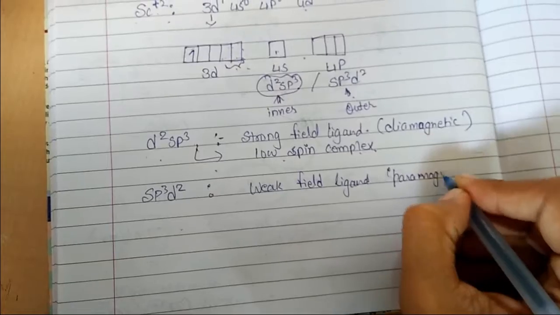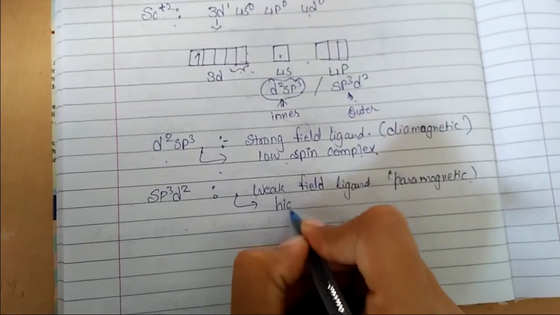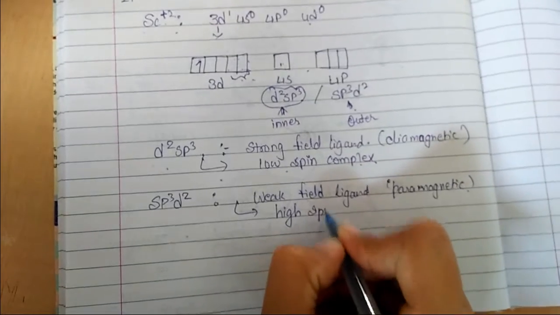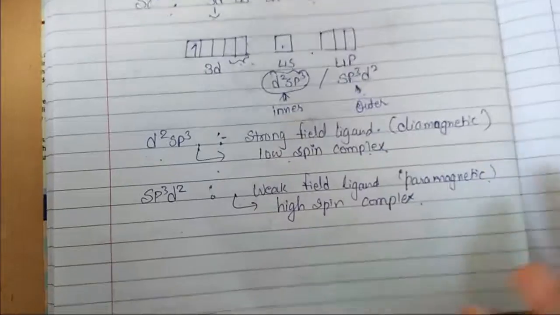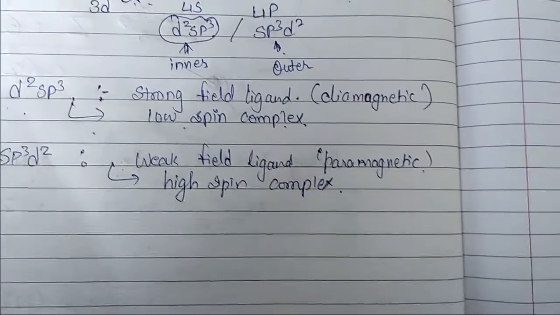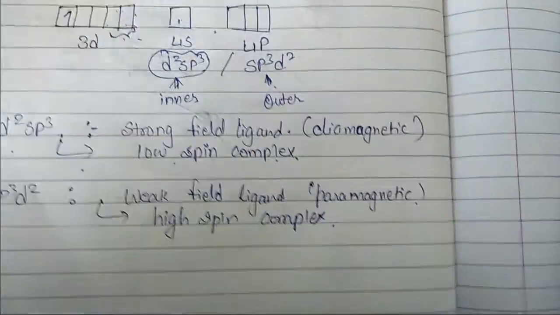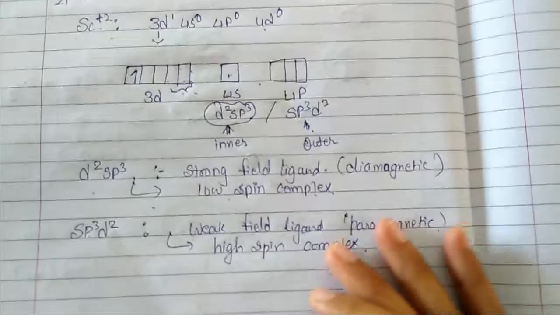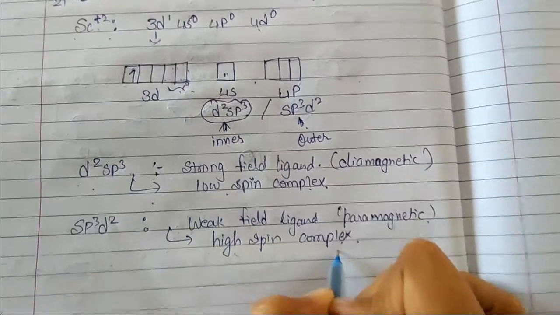So you will say the complex is paramagnetic, and these complexes are known as high spin complexes. Strong field ligands try to occupy the inner d orbital, and weak field ligands produce high spin complexes.